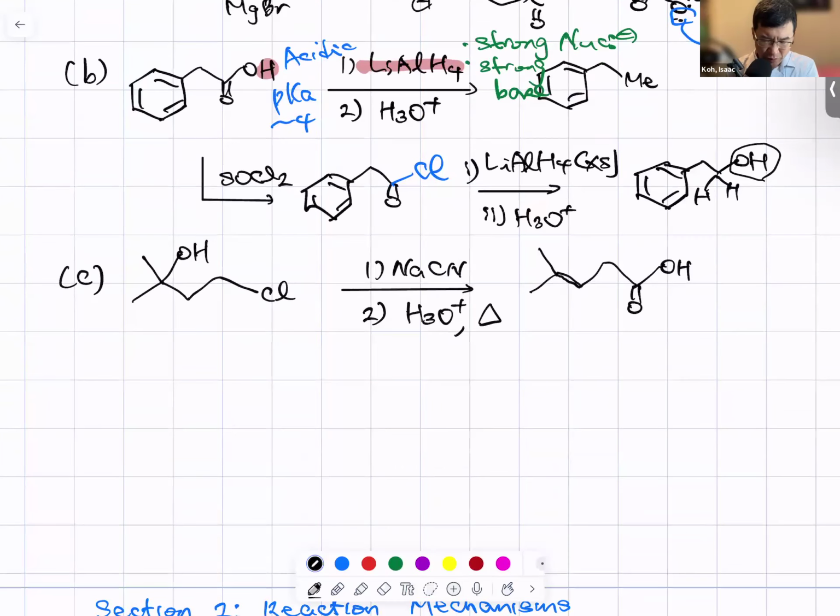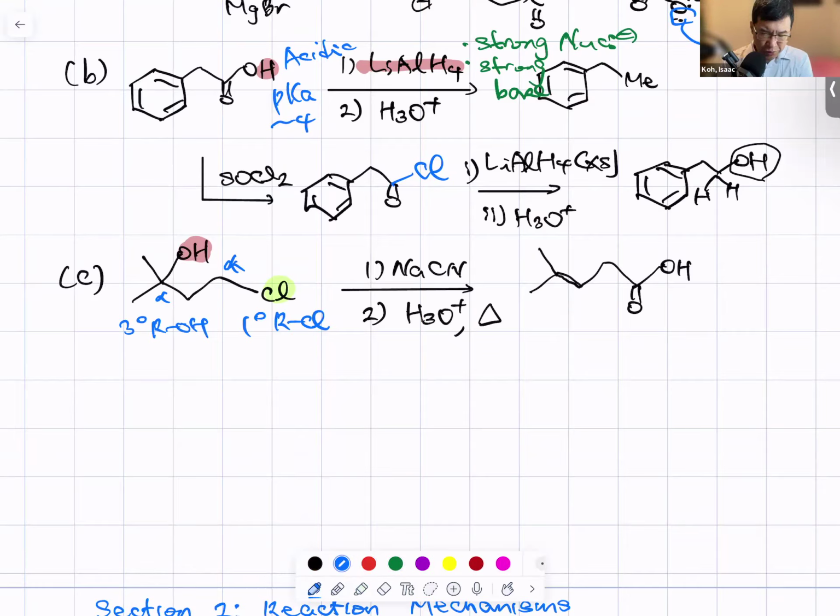And third, we see an alcohol right there. The alpha carbon has 3 alkyl groups, 2 methyls and 1 ethyl chloride. So this one is tertiary alcohol, on one side. And then on the other side, we see chlorine, and the alpha carbon has one alkyl group, so this is primary alkyl chloride.